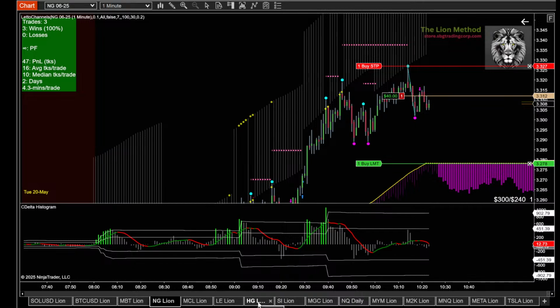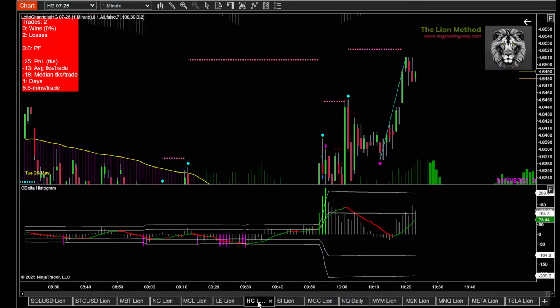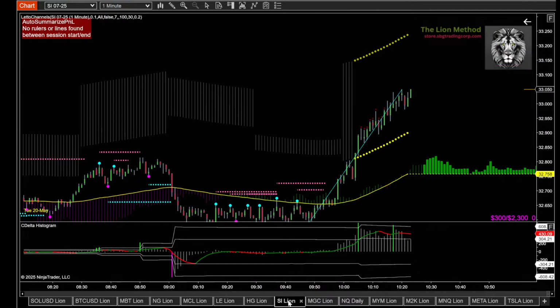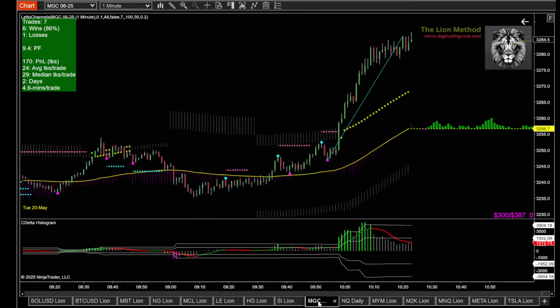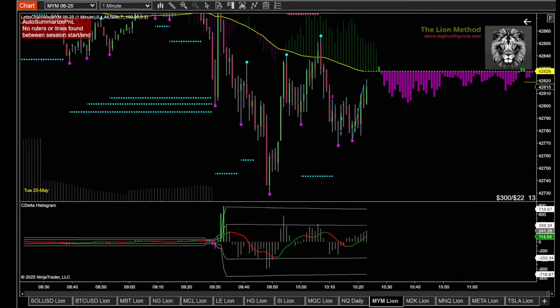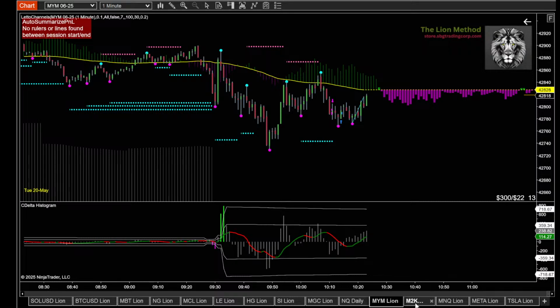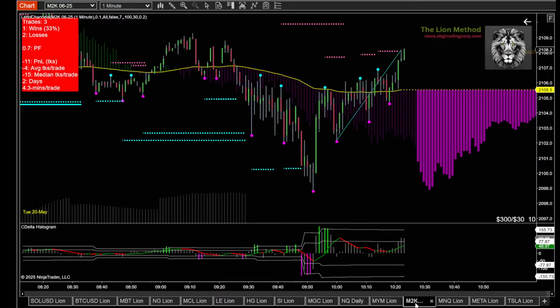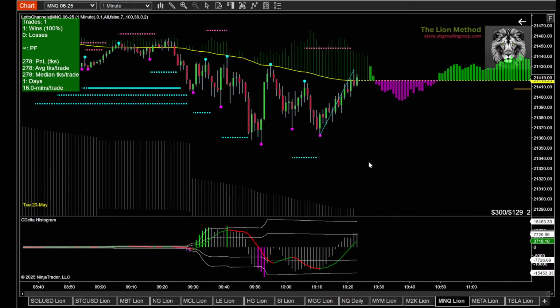Okay, let's peek at copper, peek at silver. Here's gold. Micro Nas.